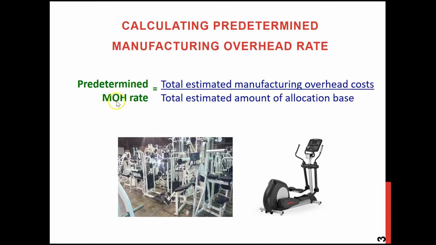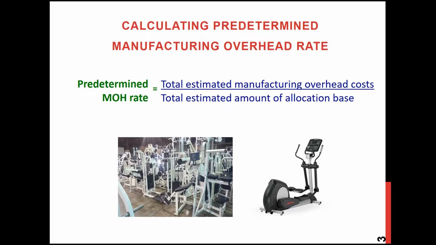MOH means manufacturing overhead. Again, manufacturing overhead costs include those items that are kind of big joint costs, and it's very difficult to split it up or to trace it out for some specific product or for a specific job.